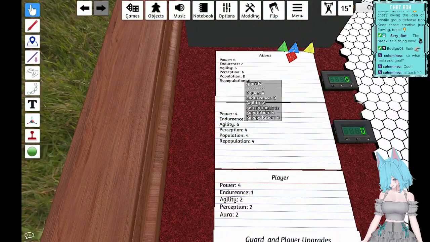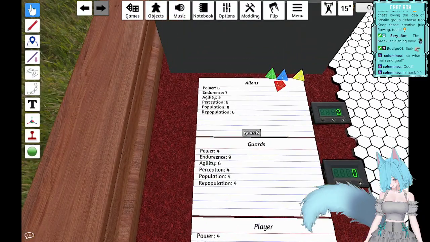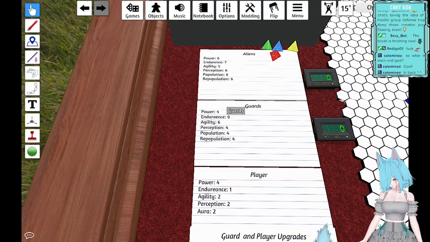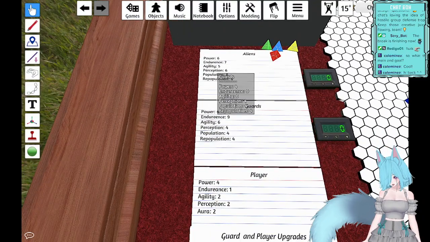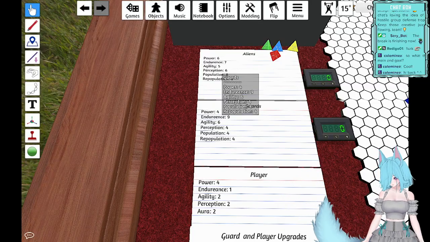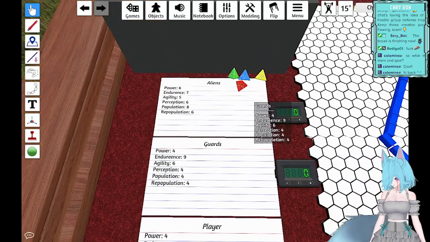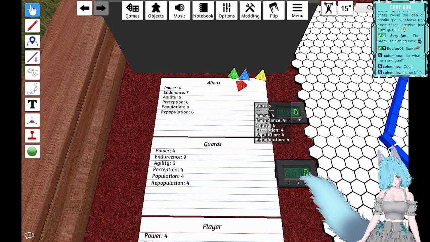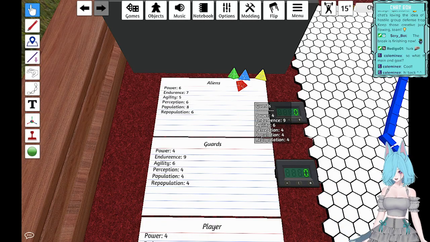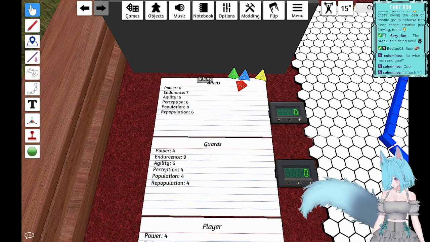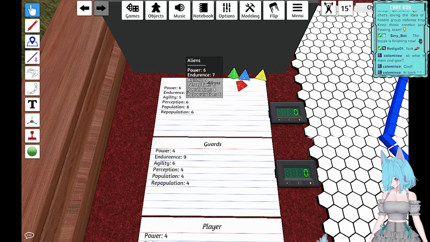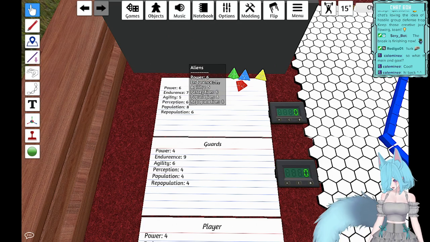Now for perception. We kind of best match. The thing is, we're gonna have a lot of it. We're gonna have 4 aliens in town.